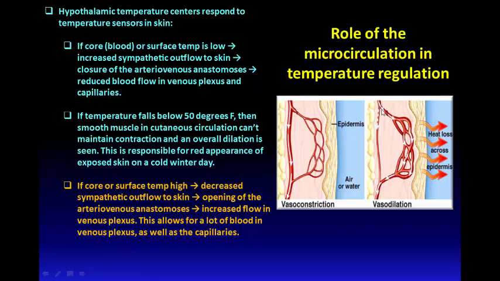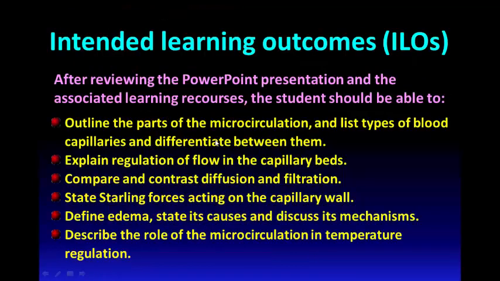This allows for a lot of blood in the venous plexus as well as the capillaries, and hence heat is lost from the body, because if the core or the surface body temperature is high, the body needs to lose heat from the body through the skin. Blood in the venous plexus is used to radiate heat to the skin, and that's the end of this lecture.